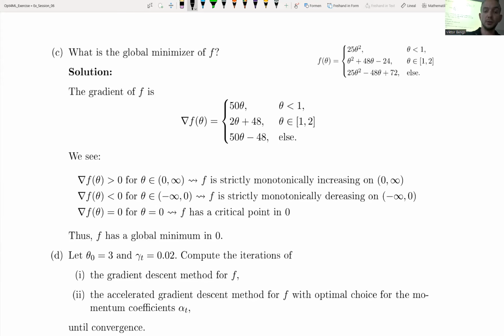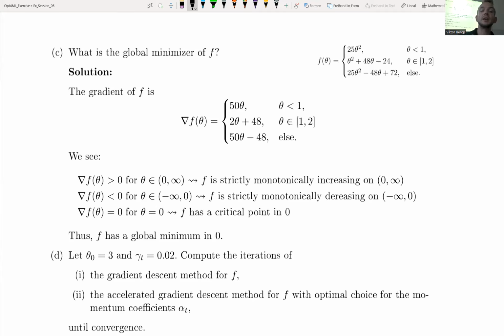There only the first case is interesting, where theta is strictly smaller than 1. Multiplying 50 with something negative, you get something negative, meaning that the gradient is negative, which indicates that the function f is strictly monotonically decreasing on that range.